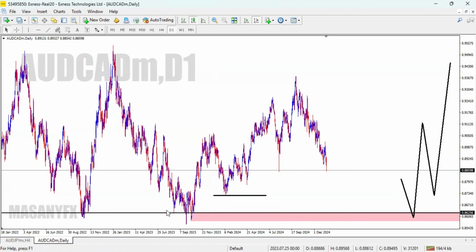See, this is exactly what I am expecting. So the monthly time frame will never lie to me. We need to be very patient and wait for the price to come back here and buy. But in smaller time frame, you can look for selling opportunities right here, selling to here.